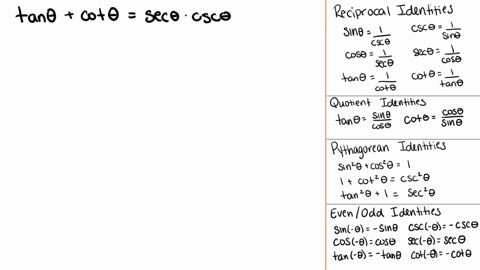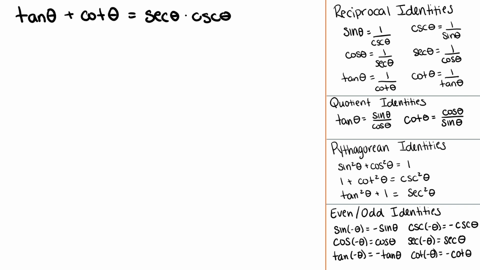When we are doing these, we're either going to pick to work with just the left side or just the right side. Sometimes you can see which side is going to be the better option for you in order to get yourself to the other side of that expression. So for this expression, let's work with the left side.